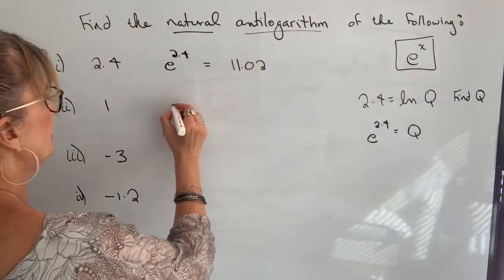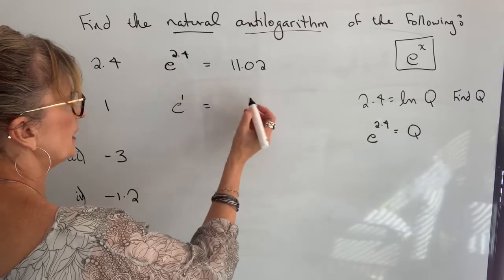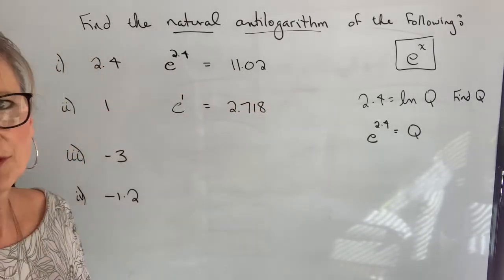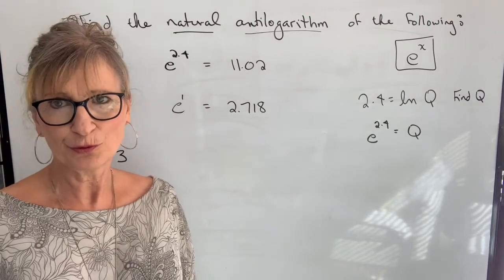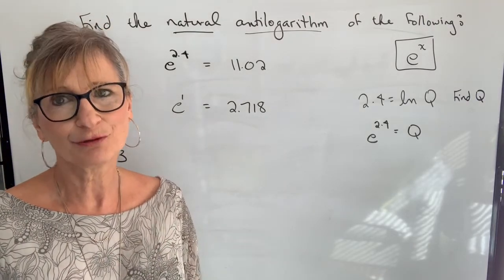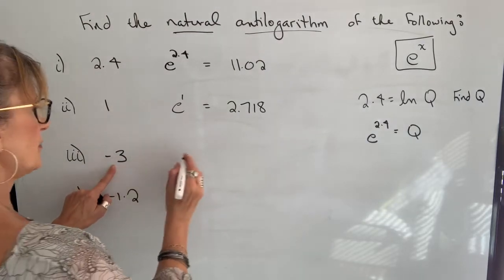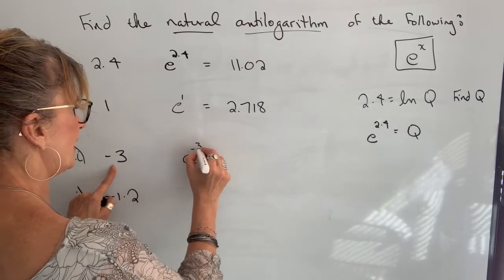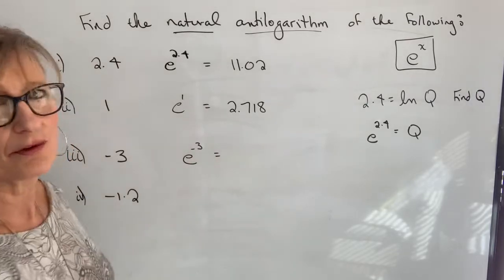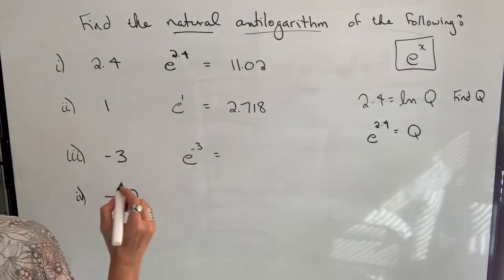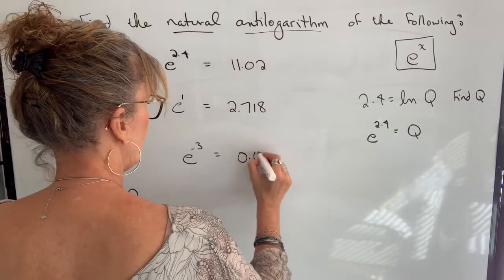Next example, e to the 1. If you know what e is, 2.718, you won't even need your calculator, but if you don't know what e is, then just go e to the 1 and you'll find out. Now we're getting into negative exponents. I'm finding e to the negative 3. I know that I'm going to have a value less than 1. When we punch that in, we get 0.05.